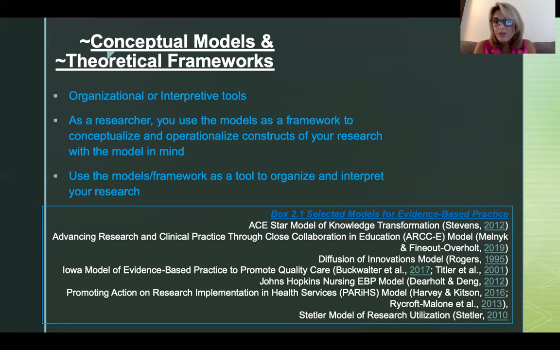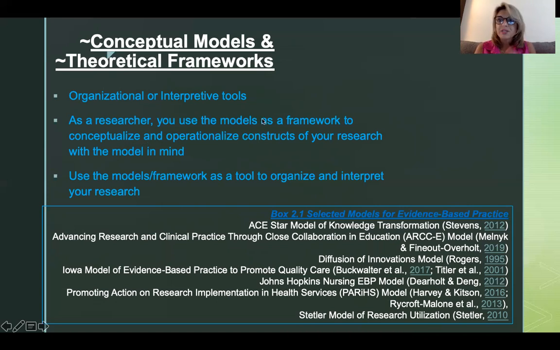They just pick a model and go for it, or they may not even use a model. But I've got to tell you, if they're not using a model, it's probably not the best research you're going to find. The models are very organized and used to frame the research so that it gives it a structured methodology. So here I wrote this just to remind you, it's an organizational interpretive tool.